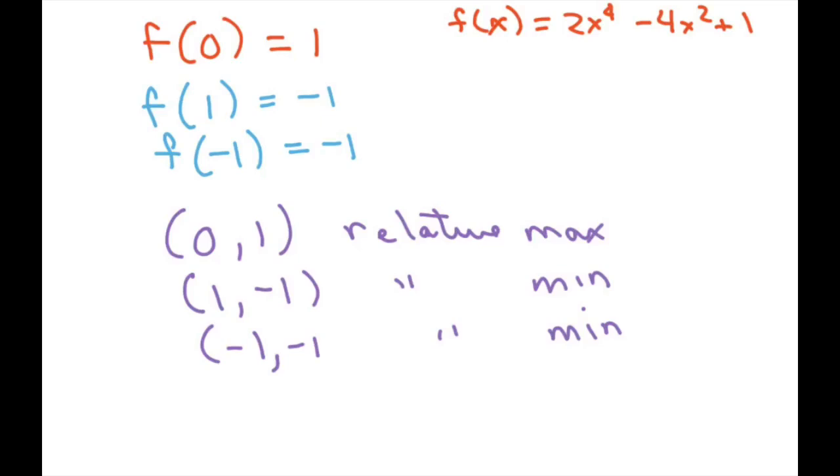Now we have to find the x-coordinates of the points of inflection. So basically, we set the second derivative equal to 0, and then the values that we get for the x-coordinates are the points of inflection. So we already did the second derivative, and the second derivative was 24x squared minus 8 equals 0.